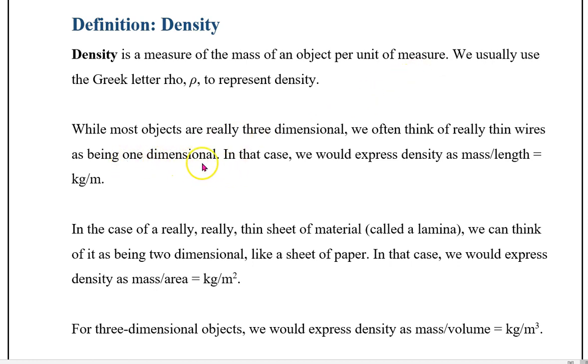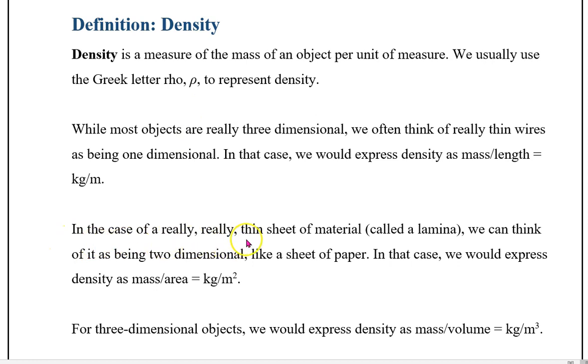Then we would express the density as mass per unit length, which in the metric system would be kilograms or grams per meter, or perhaps grams per centimeter. That would be a measure of the density. We use the Greek letter rho to represent density. Although it looks like a P, it's really the Greek letter for R.